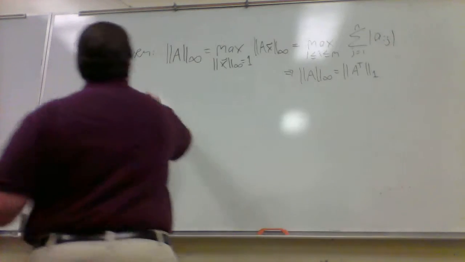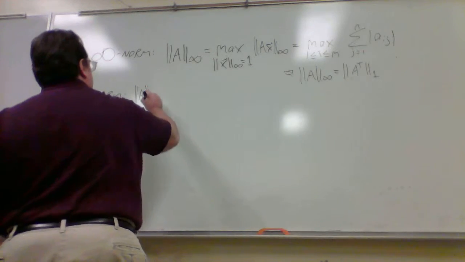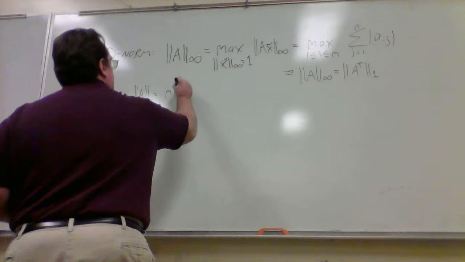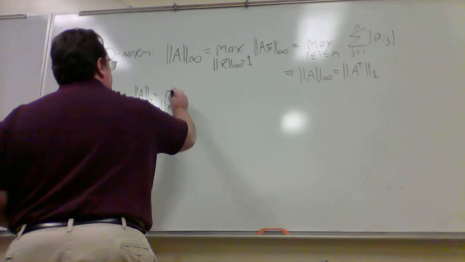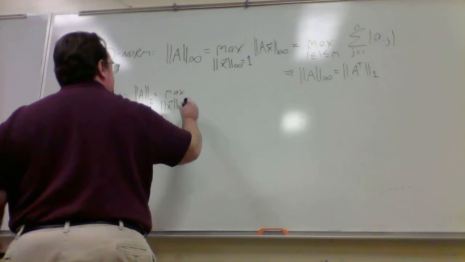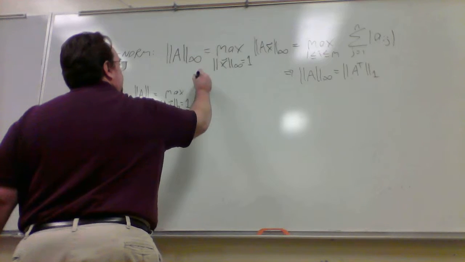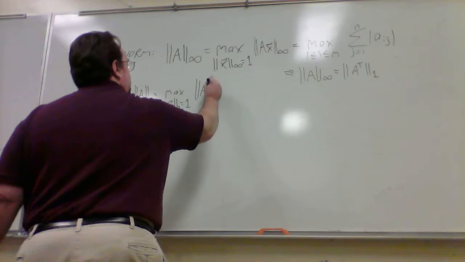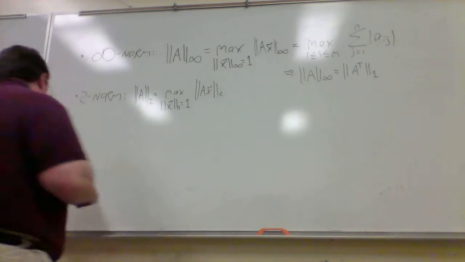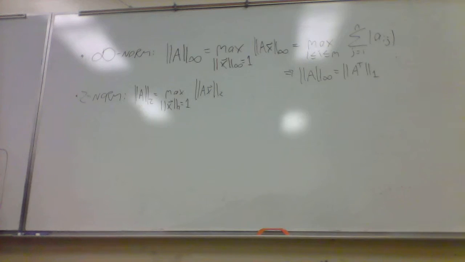So, of course, the definition would give you that the 2 norm of A is the maximum over all vectors whose Euclidean length is 1. So this really is the unit sphere in n dimensions of the 2 norm of A times X.